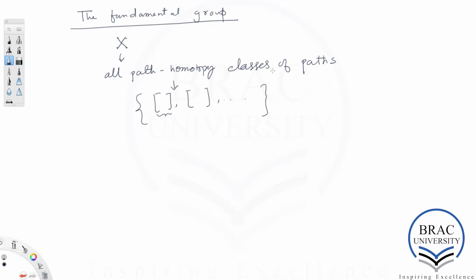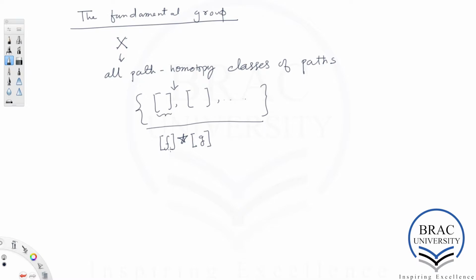We have seen that in this set, there is not always this product defined. If I choose any class from this set, I cannot always define the product, or the concatenation of paths is not always defined in this set.